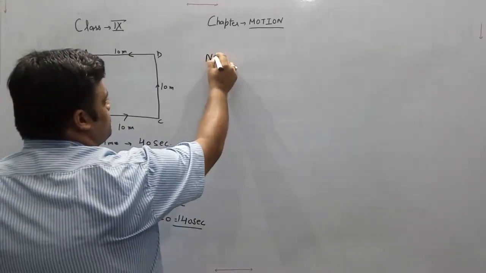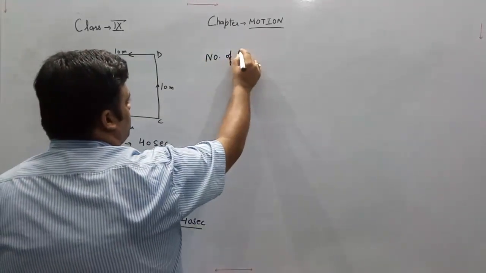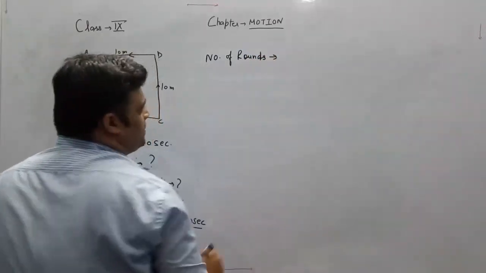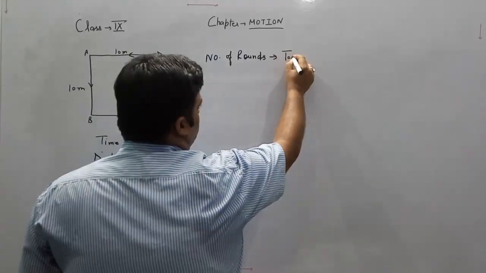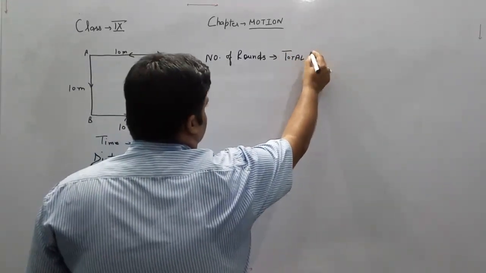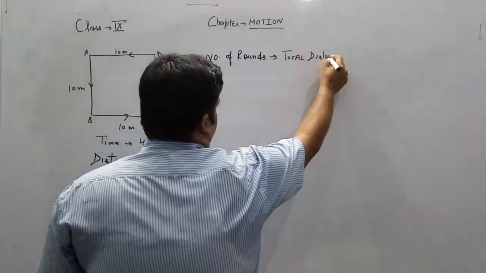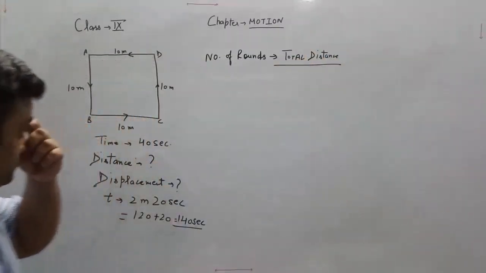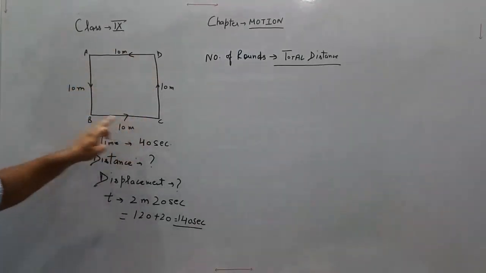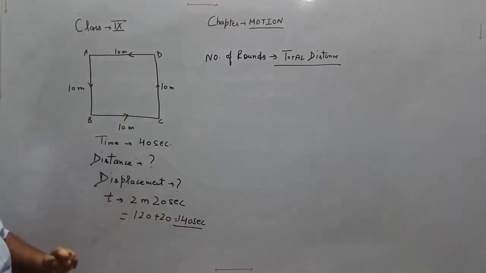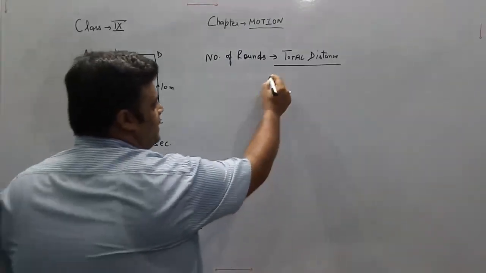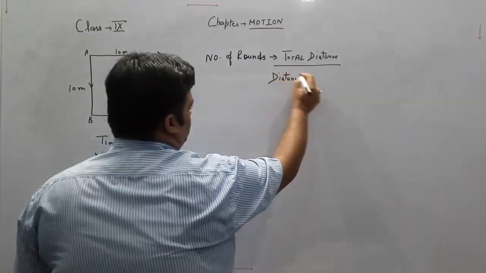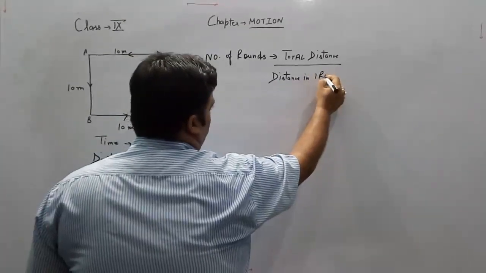Number of rounds of the square field covered by that person is equal to total distance covered by that person in 140 seconds divided by distance in one round.